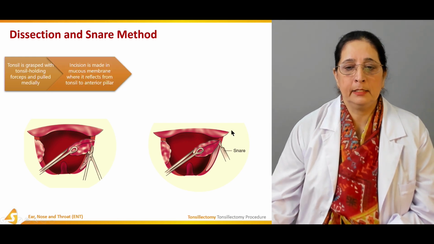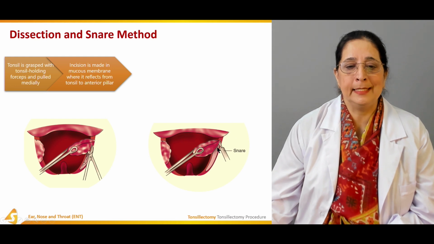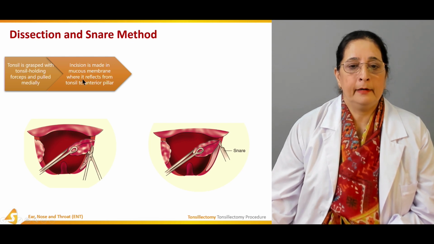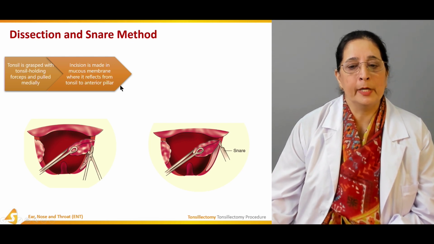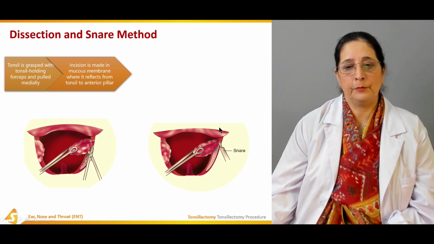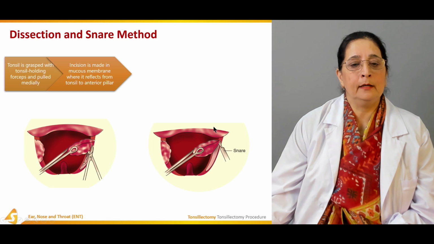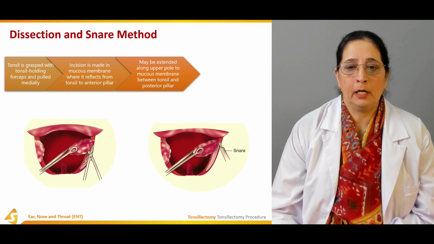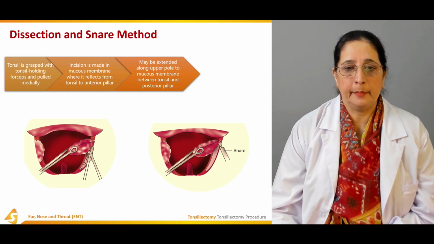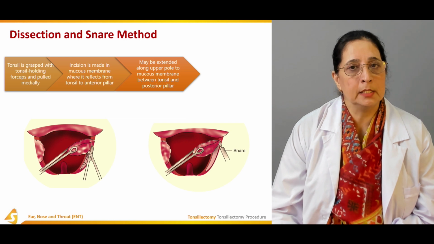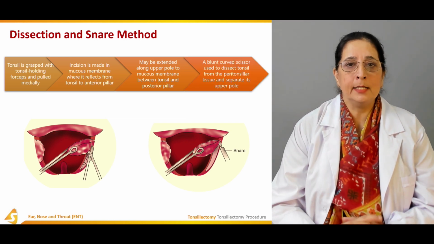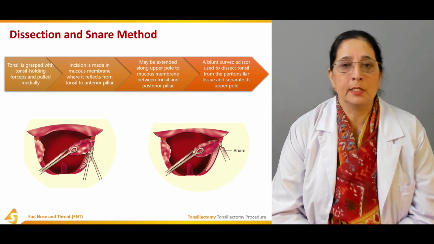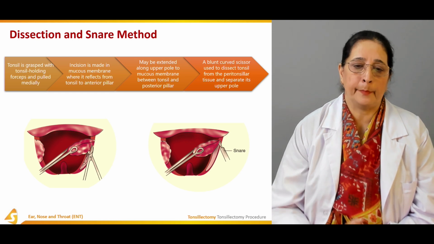An incision is made with the help of a scalpel in the mucous membrane where it reflects from the tonsil to the anterior pillar. It may be extended along the upper pole to the mucous membrane between the tonsil and posterior pillars, and then a blunt curved scissor is used to dissect the tonsil from the peritonsillar tissue and separate its upper pole.